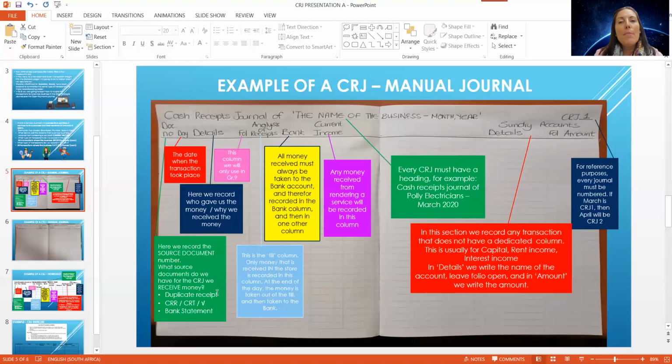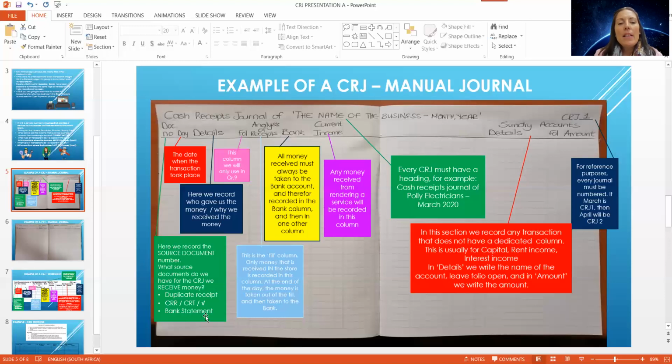Now, some schools or textbooks make use of the abbreviation CRR for cash register roll. Some books say CRT for cash register tape, and others use a tick, and that all means the same thing, that we refer to as a cash register roll when we had a till.